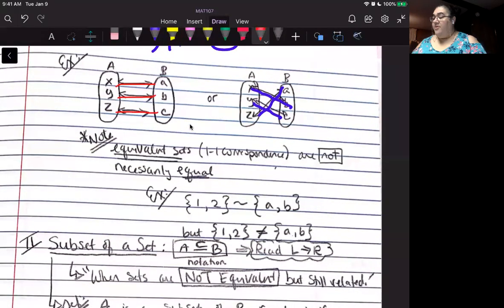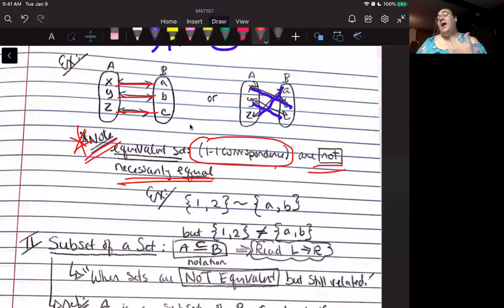Please note that equivalent sets, like A and B, have one-to-one correspondence, but they are not necessarily equal. They can be equal if both sets have the exact same elements, but they do not have to be equal, like in the case of our example, and they can still retain their one-to-one correspondence and their equivalence, okay?